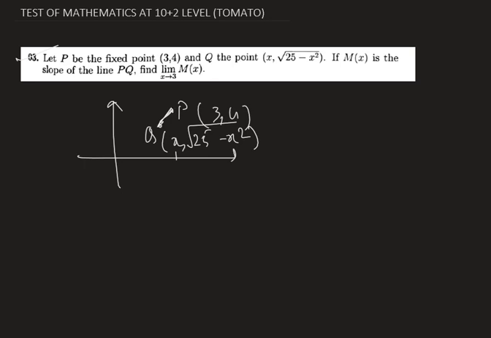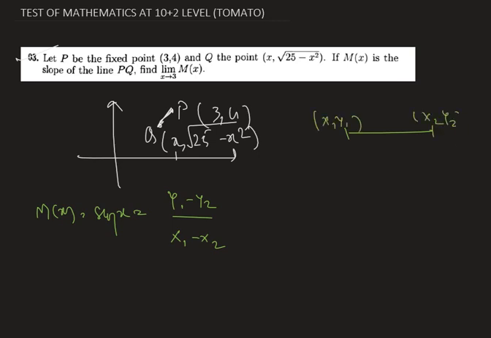So this is the line PQ and mx is the slope. Now we know that slope is equal to y1 minus y2 divided by x1 minus x2, if we have 2 points with coordinates x1, y1 and x2, y2.